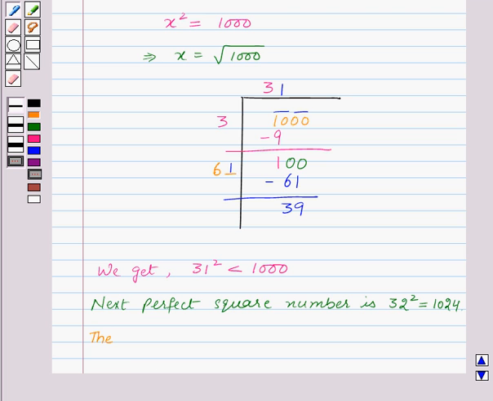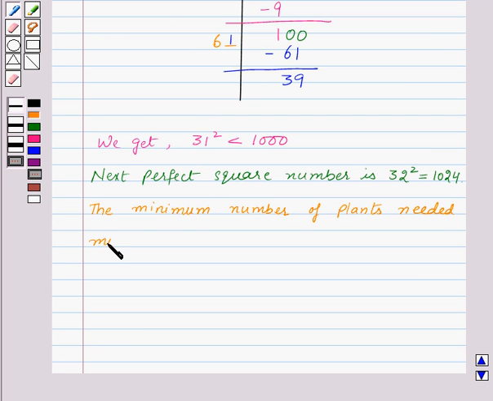So the minimum number of plants needed more is equal to 32 square minus 1000.